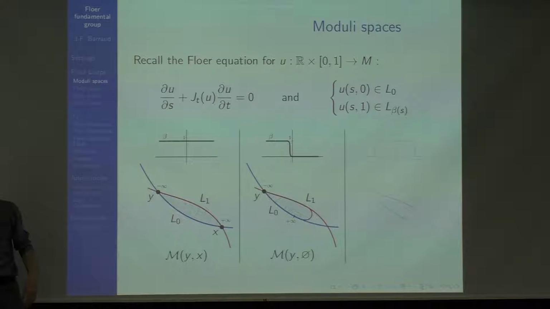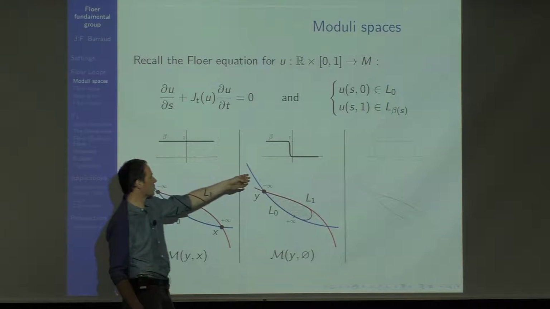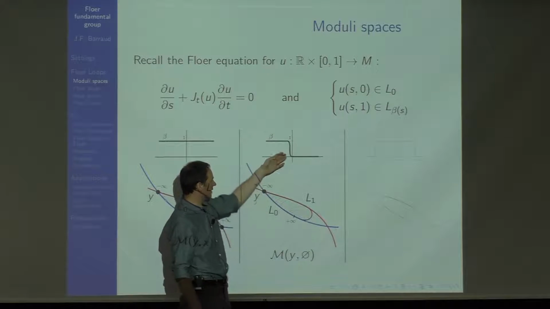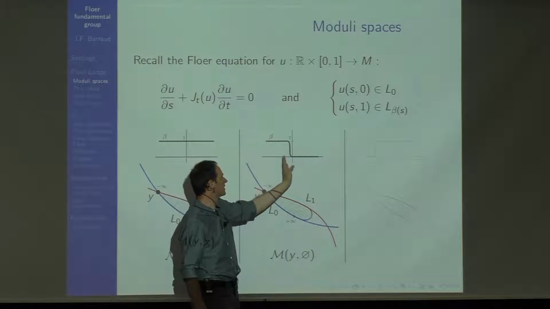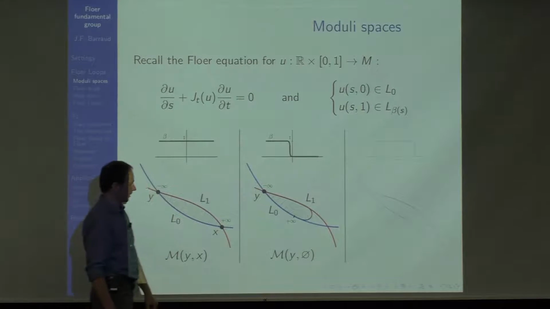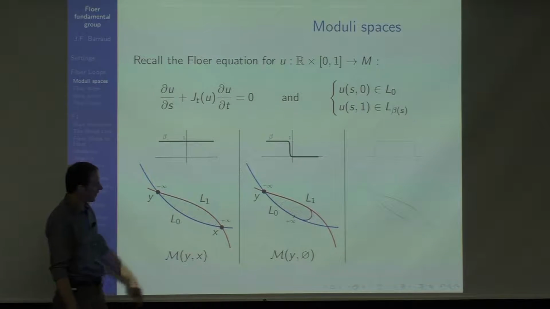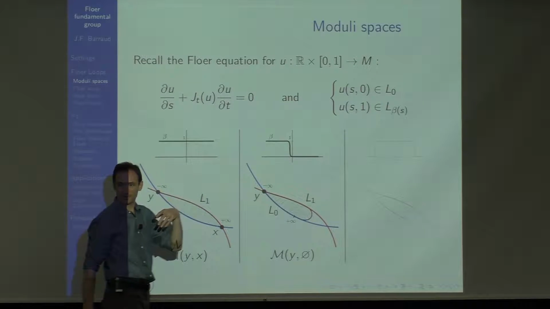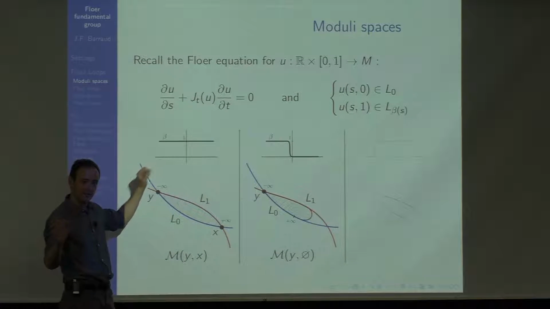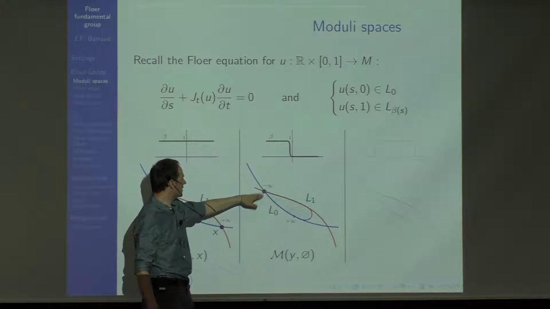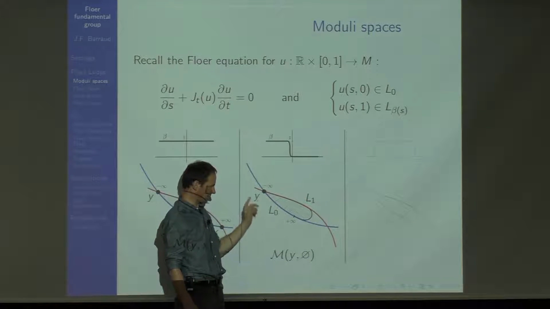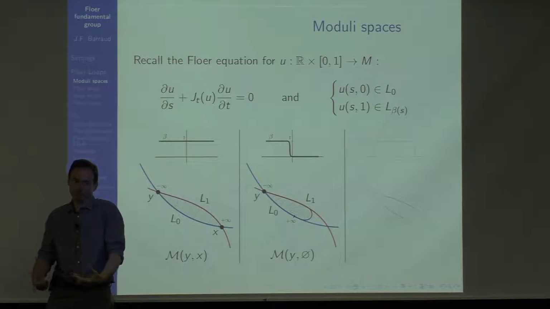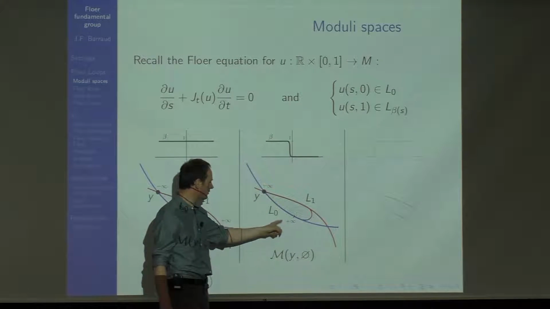Another case is when beta is a cutoff function, so it equals 1 for s less than -1, let's say, and it's 0 for s greater than 0. I always consider a solution of finite energy, so that there are limits at the ends. So in this case, it starts like a Floer trajectory, but it ends like a pseudoholomorphic disk with boundary on L0.